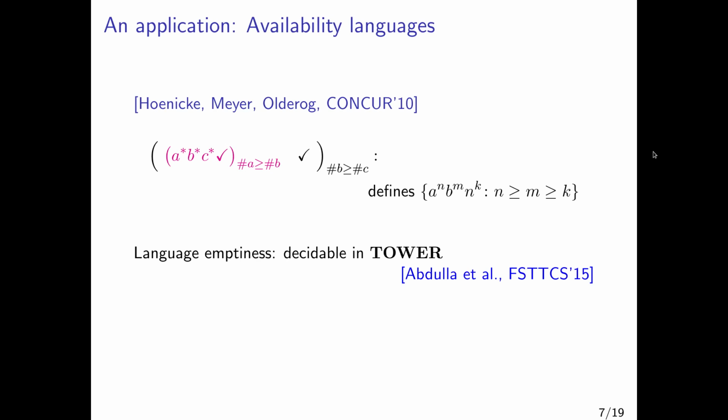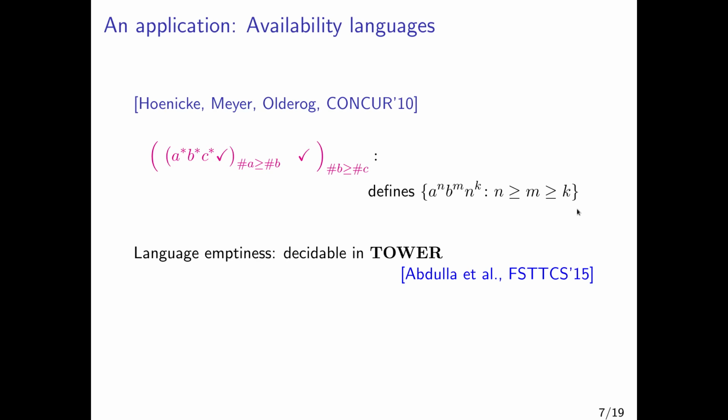So then you get rid of some of the words. Then you put another check mark, and then you put another constraint. So now with these two constraints, what you get is this language. Obviously, reasoning in this way, you get languages that are obviously not context-free.